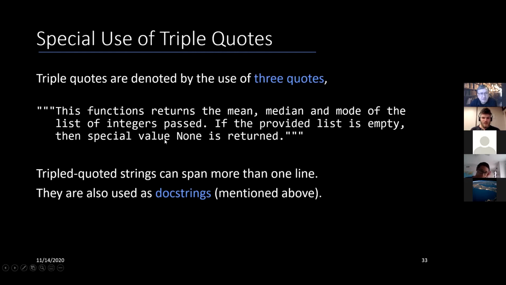The difference between this and regular comments is that, matter of fact, I may not have even mentioned in the slides, comments begin with a hash mark. And they're completely ignored by the language. But the triple quotes really do become part of the definition of a function in Python.